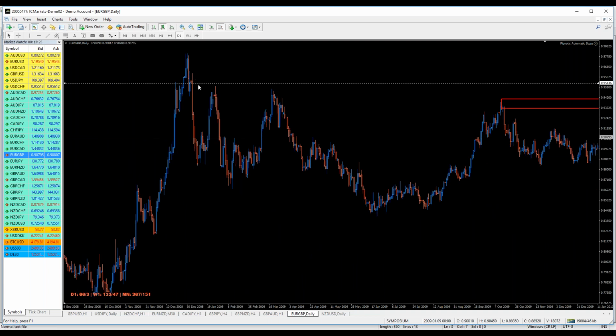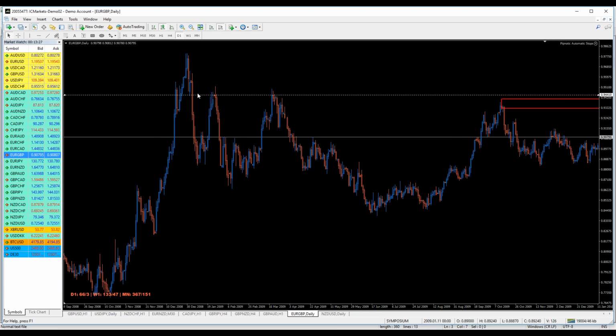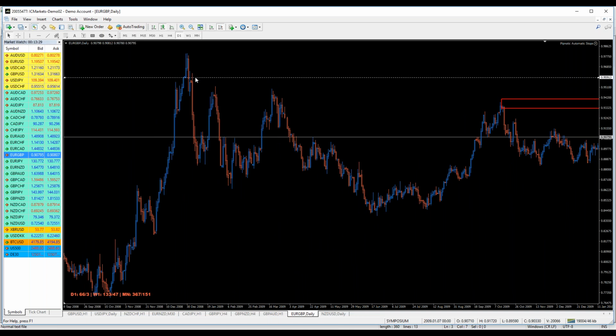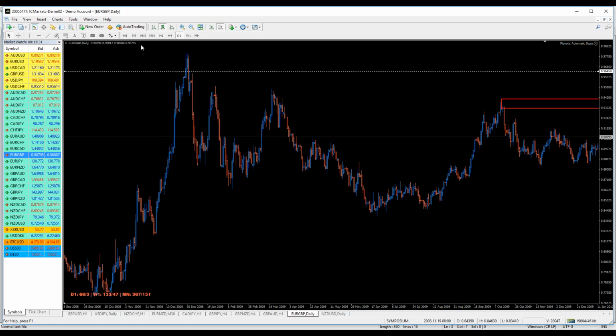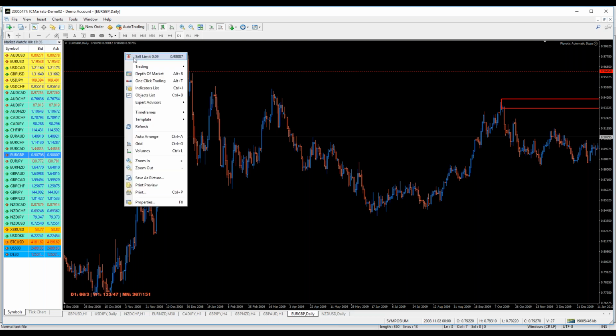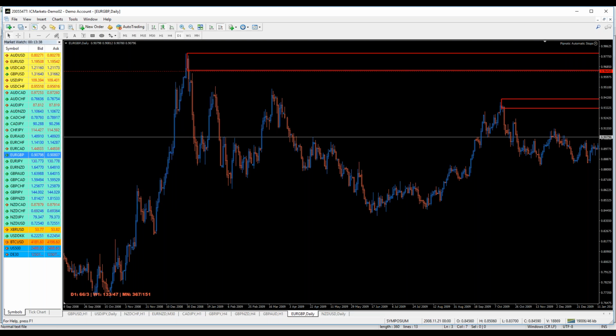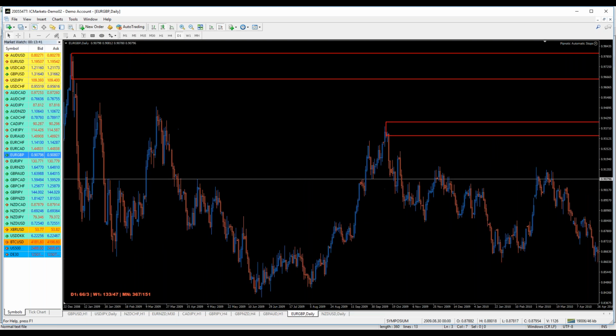Then you move this up, and you say, when can I start selling? Right there. So this is the next area we would look to sell at, once price fills this price inefficiency here.